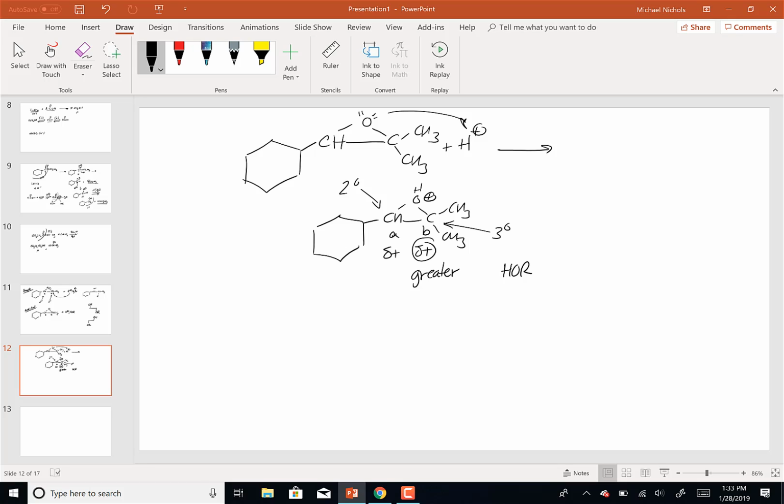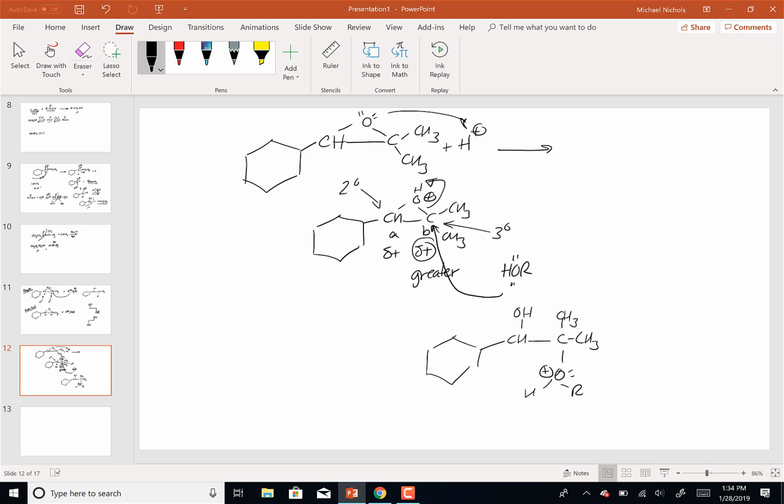So then this is going to come in, add to carbon B, break the bond of the carbon B OH group, and I'm going to end up with an oxonium ion, right?